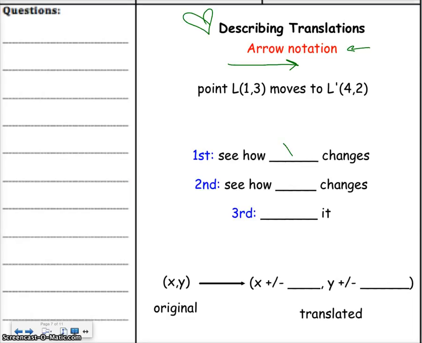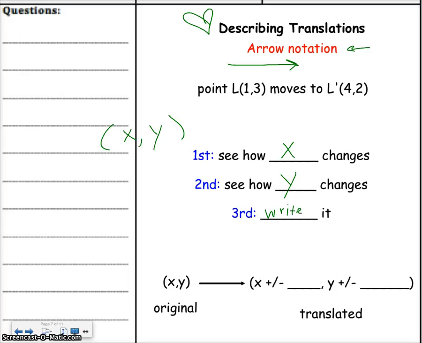What you want to do is see how your x changes first, because a point is always x comma y. So x is always first when we talk about points on a coordinate plane. Then you want to see how your y changes, and then you want to write it.